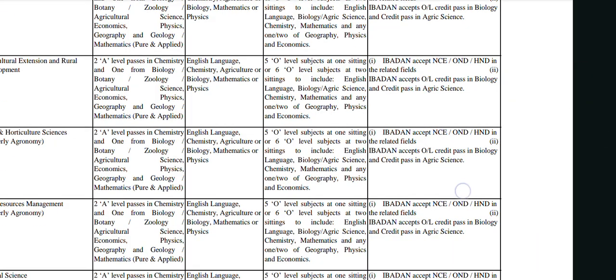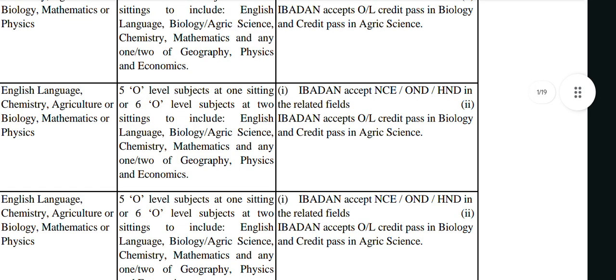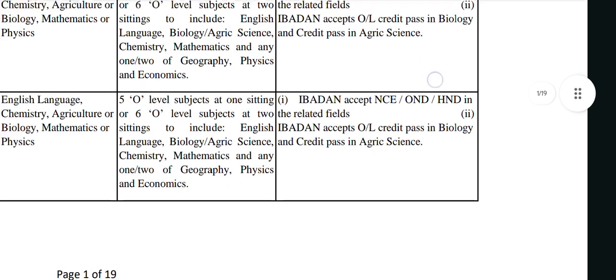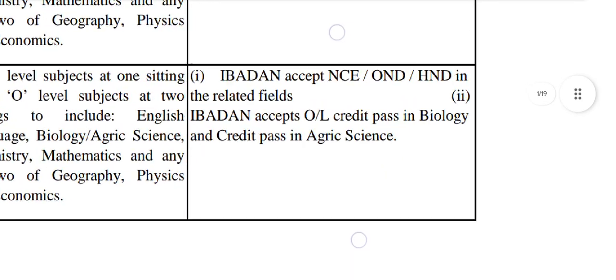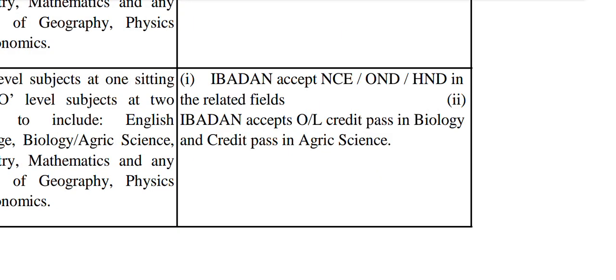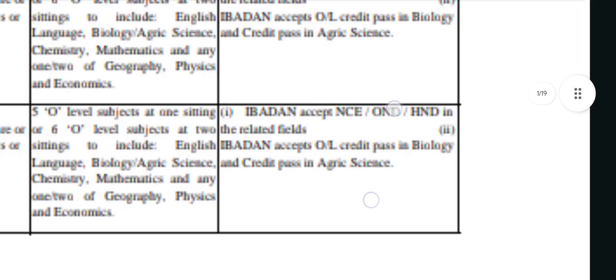Let me repeat that. If they need upper credit in OND, they will state it categorically here that okay, we only accept upper credit in OND for this course. We only accept distinction in OND for this course. They will specifically state it.